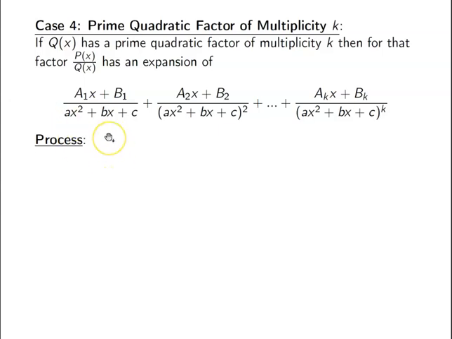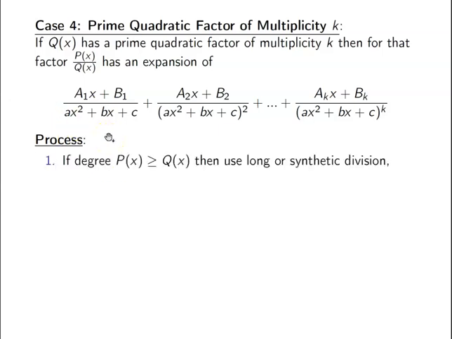So what is the process? If the degree of p of x is larger than q of x, then we're going to use long division.